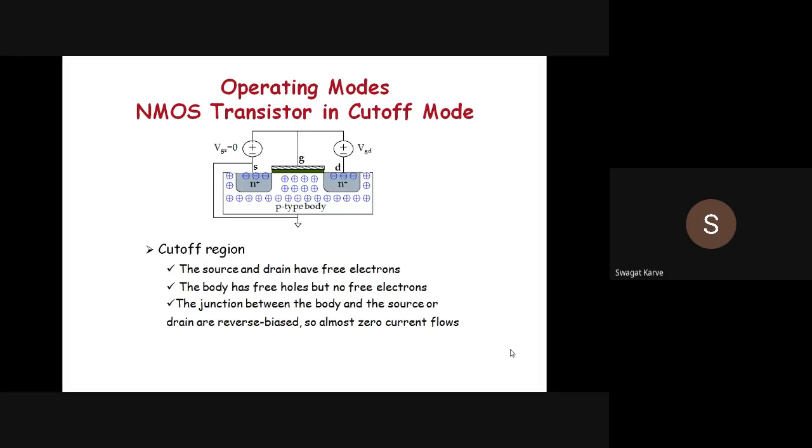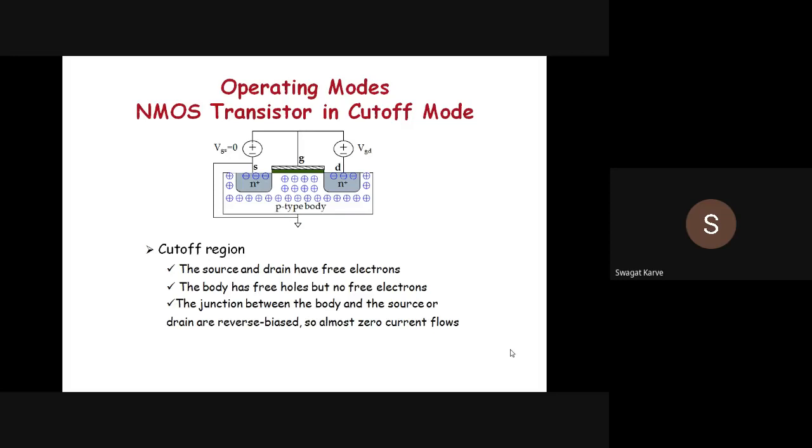That means there is almost zero current flow in the cutoff region. The body has free holes but no free electrons, and those holes cannot contribute to the current because it's an N-type MOSFET.